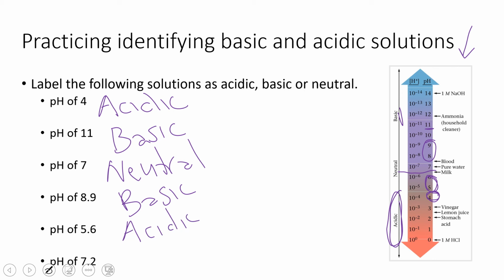And then my 7.2 is in between 7 and 8, which is in this happy neutral spot between 6.5 and 7.5, so I'm going to put neutral. This is going to be the first part of your worksheet, something very similar to this, where you are going to be determining whether things are acidic, basic, or neutral.